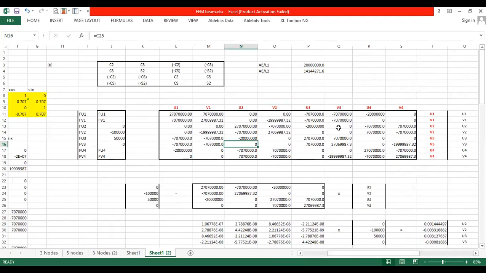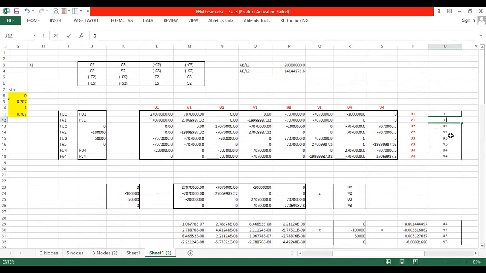Once you make this matrix, you know U1, V1 is there, U2, V2 is there, likewise. But you actually know the first node and third node are pin supports, right? So the displacements are 0. Sorry, the fourth node. So you will have some reaction forces, like I explained.